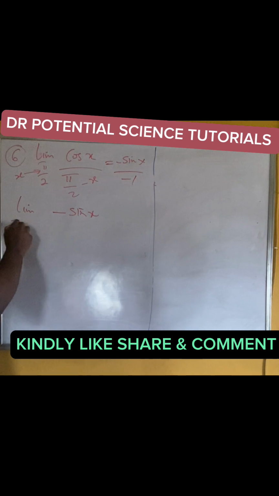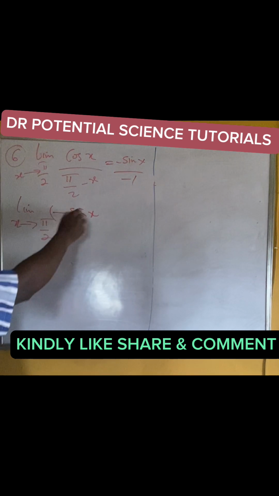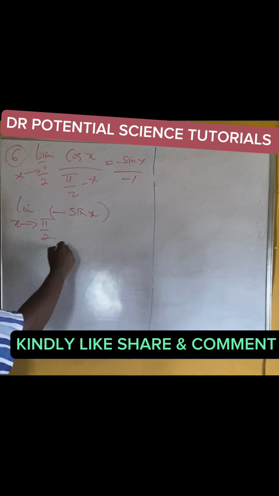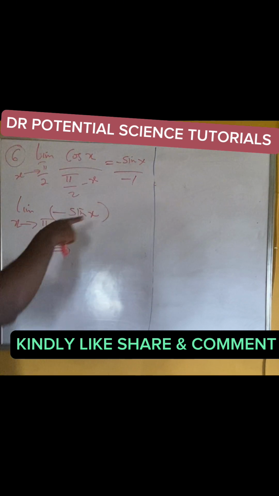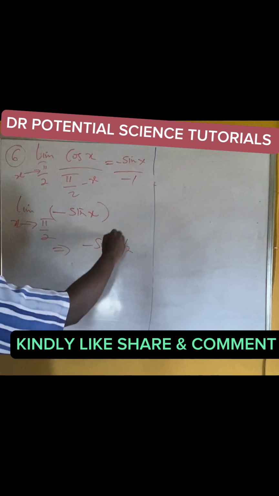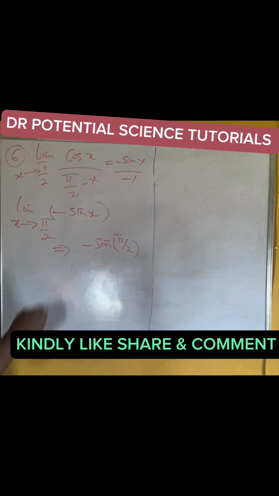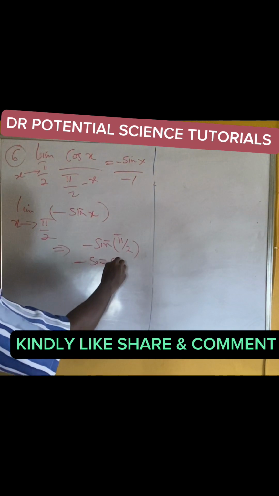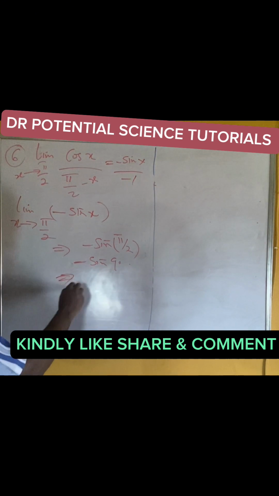The limit as x tends to pi over 2 of minus sine x. All right. So if you substitute pi over 2 for x, you're going to have minus sine pi over 2. You know, pi over 2 is 90, so minus sine 90. And that's going to give us what? Sine 90 is 1.